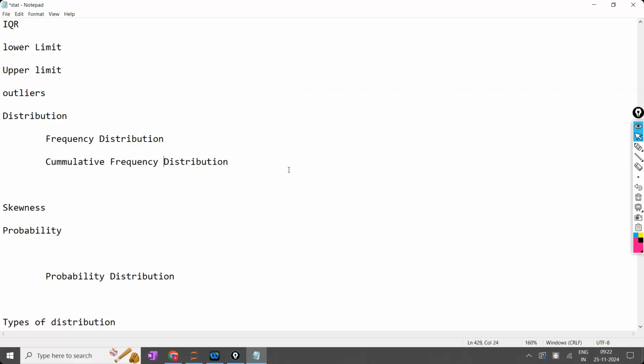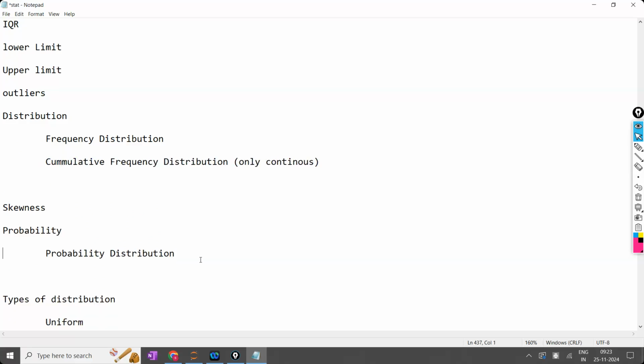Cumulative frequency distribution should be applied only on the continuous variable, not on the discrete variable. Frequency distribution can be applied on the discrete variable as well as on the continuous variable, right? From there, we discussed the probability distribution.